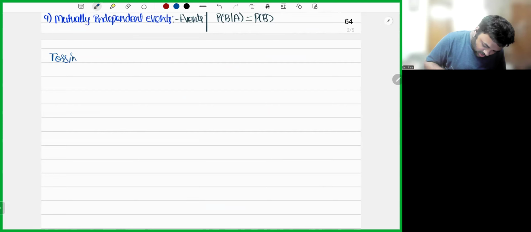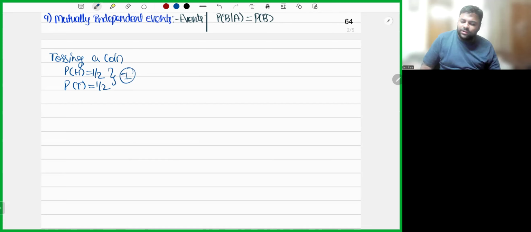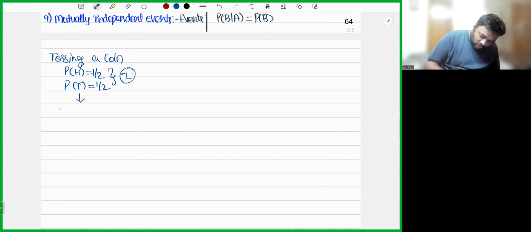When you're tossing a coin, what's the probability of head? 1 by 2, sir. What's the probability of tail? 1 by 2, sir. Merge them together, what do you get? The resultant is 1. So I can say that when you're tossing a coin, head and tail are mutually exclusive and exhaustive.